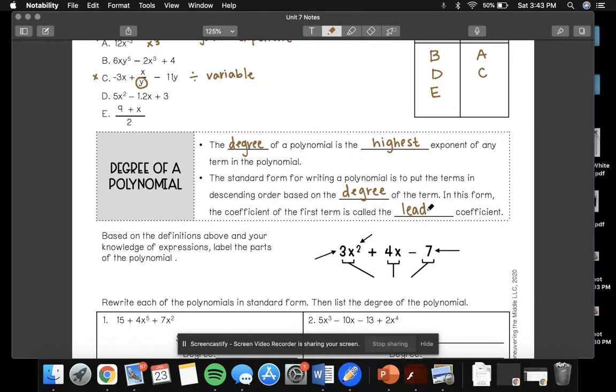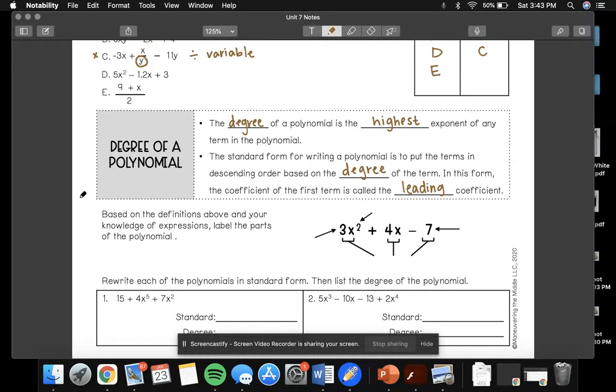So this has a lot of vocabulary in today's lesson. Okay, so we have all of these parts to an expression, and we're going to dissect it and understand the parts of it. So we have 3x to the second plus 4x minus 7, okay? So this is an expression. This is a polynomial, okay?